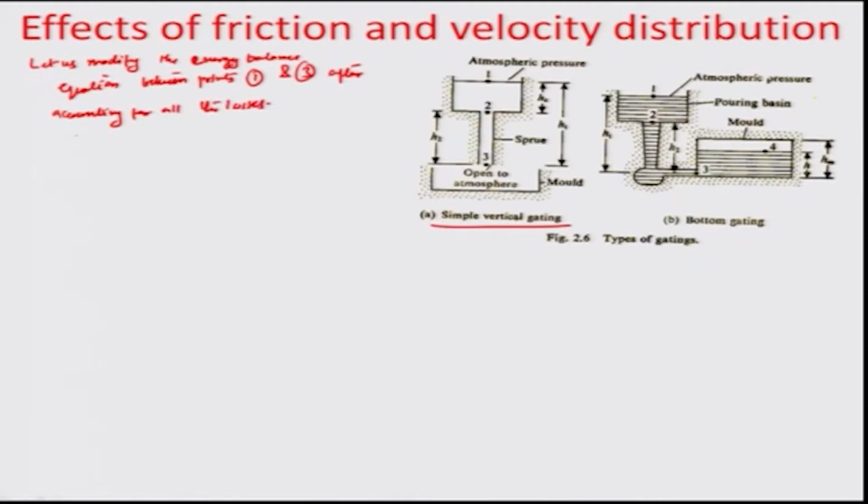These are principally three kinds. One is due to change in kinetic energy due to velocity distribution, another is due to friction of walls, and the third is due to bends or fittings.